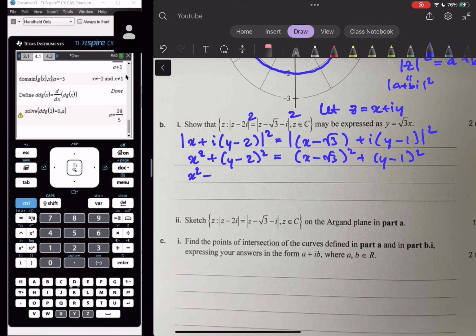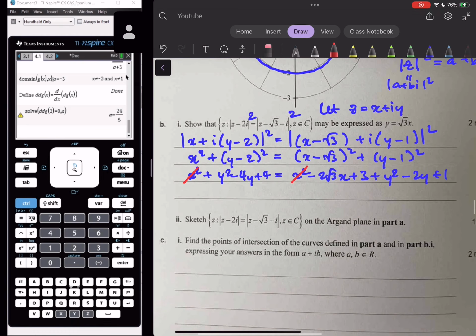This is x squared plus y squared minus 4y plus 4, and this is equal to x squared minus 2√3x plus 3, plus y squared minus 2y plus 1. Some things cancel: x squared and x squared, y squared and y squared. We have this 4, this 3, this 1, leaving us with a minus 4y and a negative 2y on the other side, so that's negative 2y equals negative 2√3x, or y is equal to √3x.